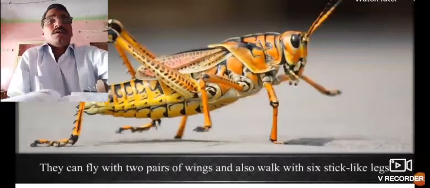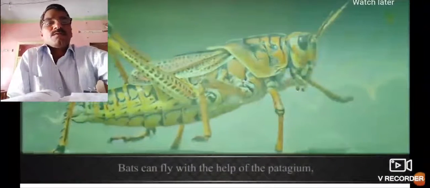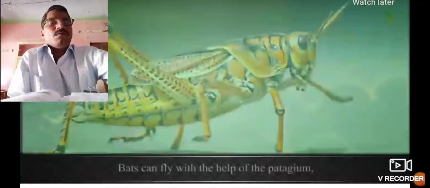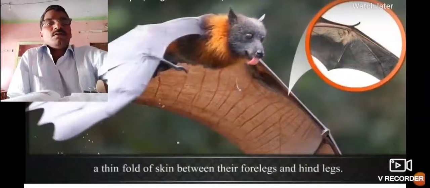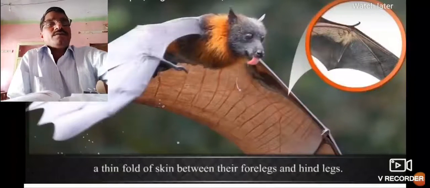A bat can fly with the help of the patagium, a thin fold of skin between their forelegs and hind legs.